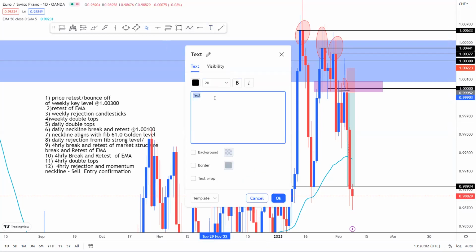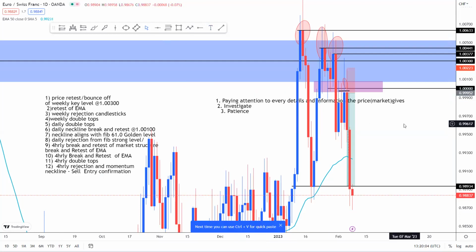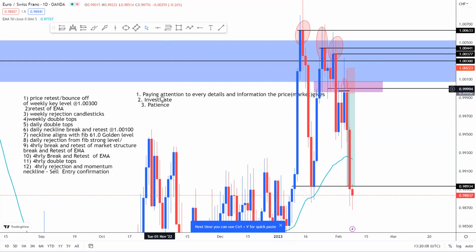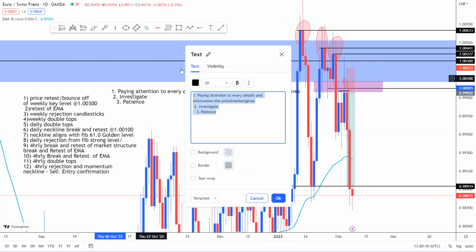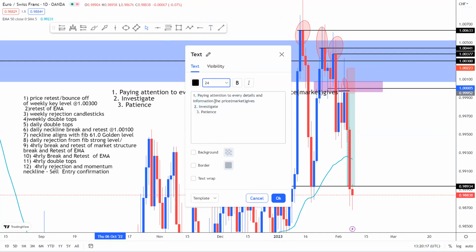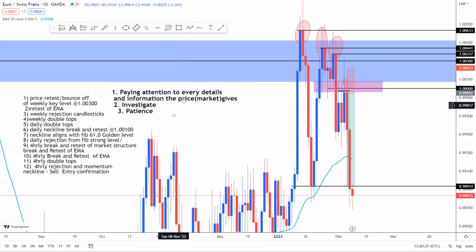Number one, I would say paying attention to details. Paying attention to every detail and information the price or the market gives.